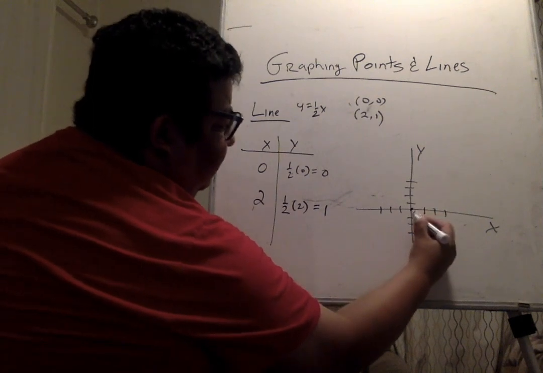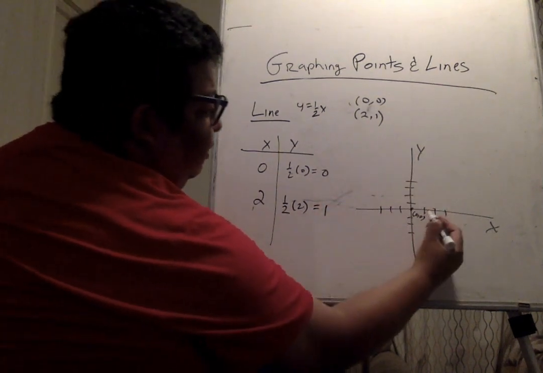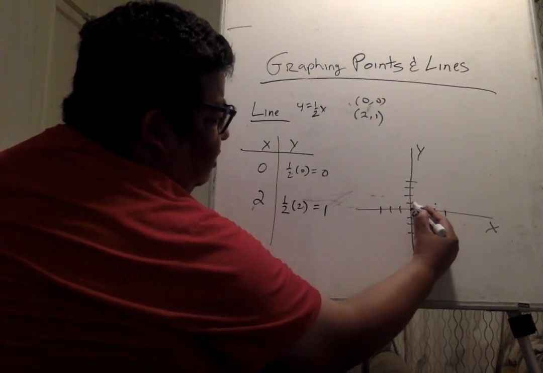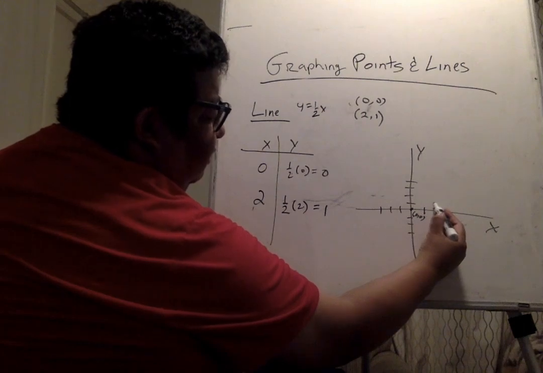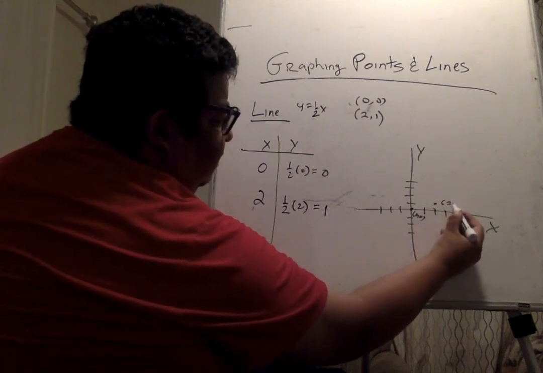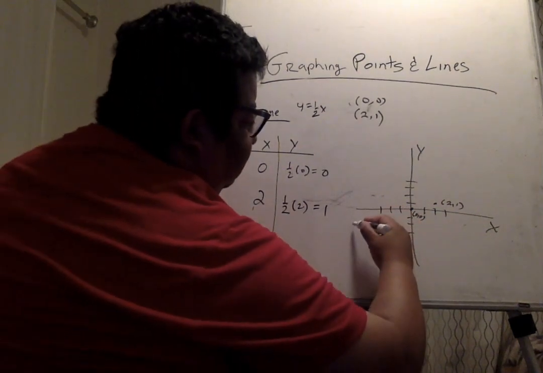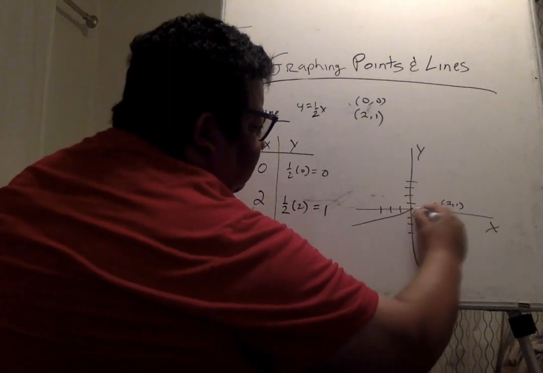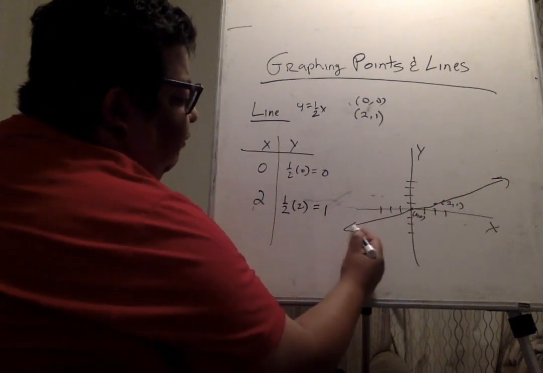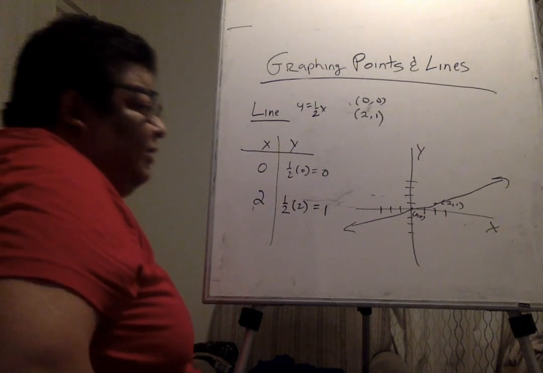The next one is going to be 2, 1, and 1 is here, because look, this is 1, so here this is 2, 1, so let's label it 2, 1. What's the final step? Draw a straight line through the points. Remember, don't forget the arrows, because that means line. And that's all you have to do.